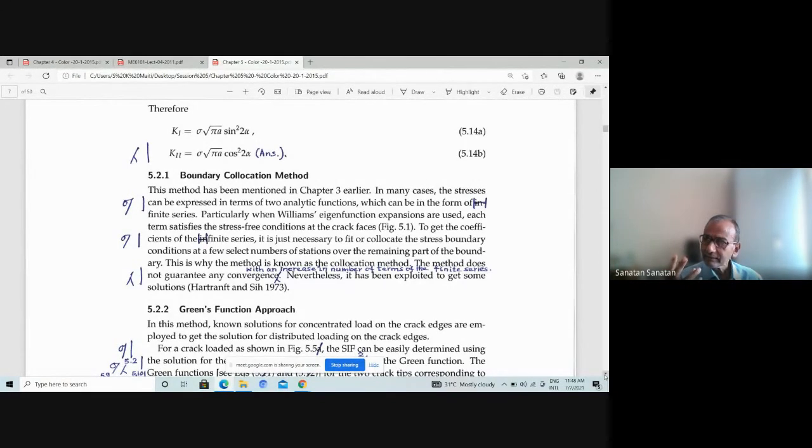Every eigenvalue will give you one expansion, and then you can go on superposing them to get the general expansion. The terms with positive exponents of z are going to have very high values as z increases, at infinite locations. But as you think of z tending to 0, their contribution is going to be reducing.